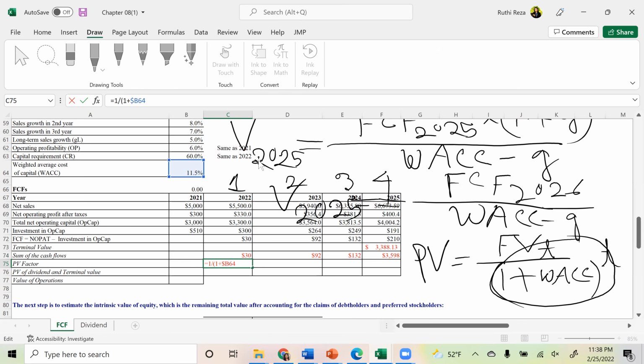Let us make it constant, to the power the forecasting year minus the base year. So base year should always be constant, right? Because we just have one base year.